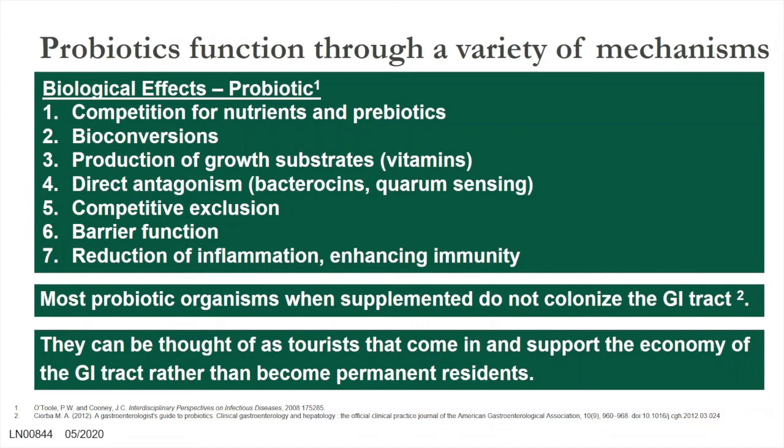So they can produce their own antimicrobials called bacteriocins, but they also can do this phenomenon called quorum sensing, where little signals can be sent from microbe to microbe that can convey you're not welcome or some other kind of interaction between the two of them. This quorum sensing is a really intriguing way that these microbes can communicate with one another.